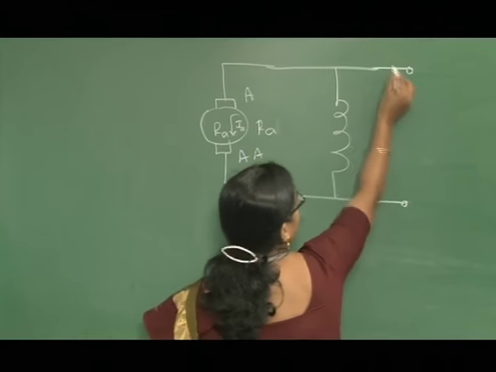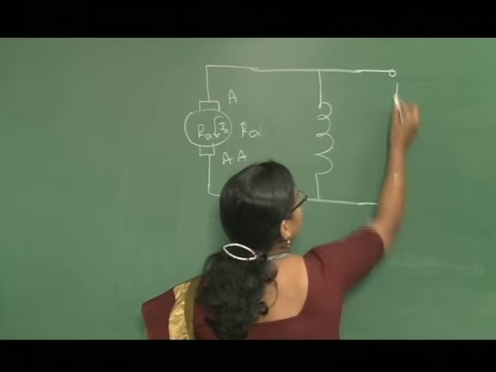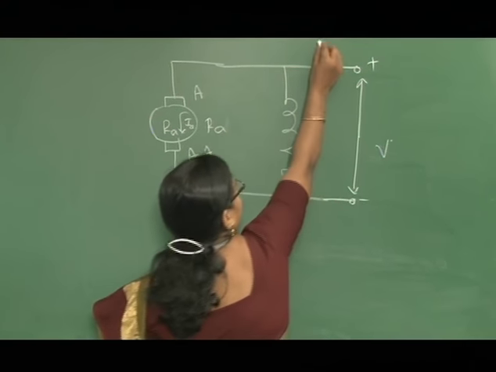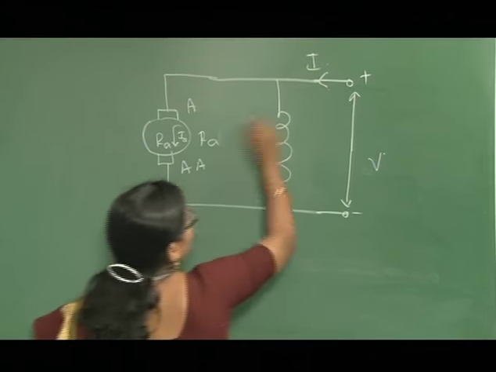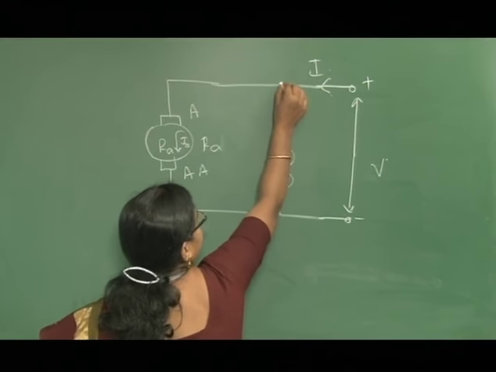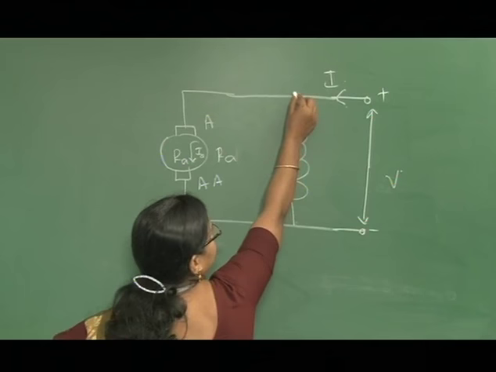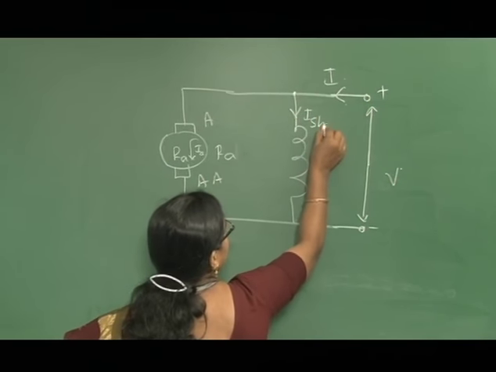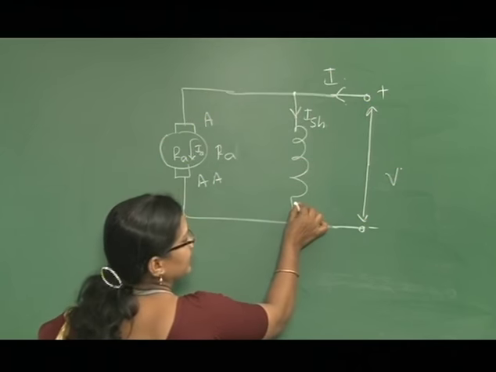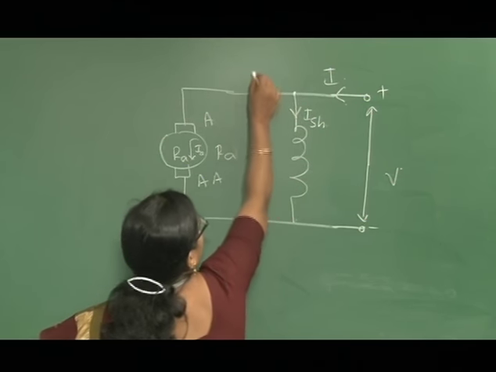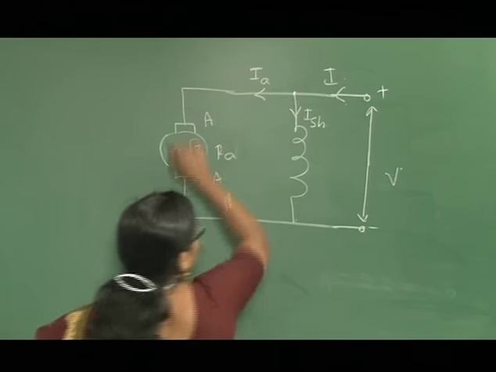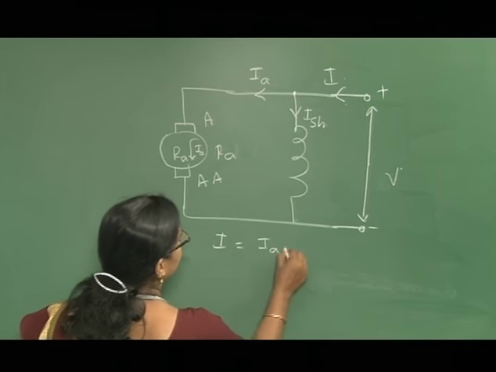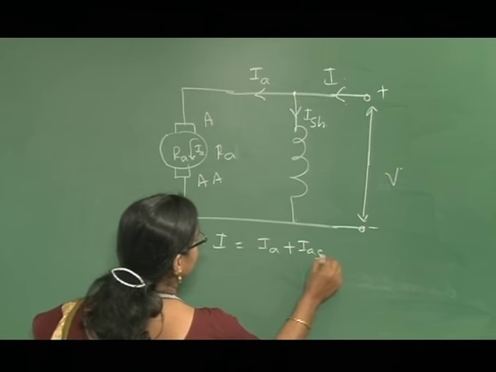Because here you are going to give the DC supply and then this is the current drawn by the motor. Now, this current at this point, according to Kirchhoff's current law, is divided into two parts. One is Ish, that is current flowing through the shunt field coil, and the other is current flowing through the armature. So, now the total current I is equal to Ia plus Ish.